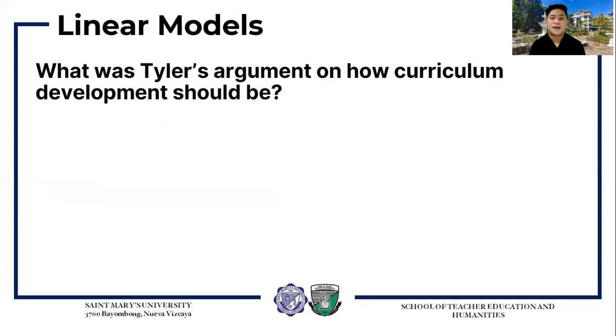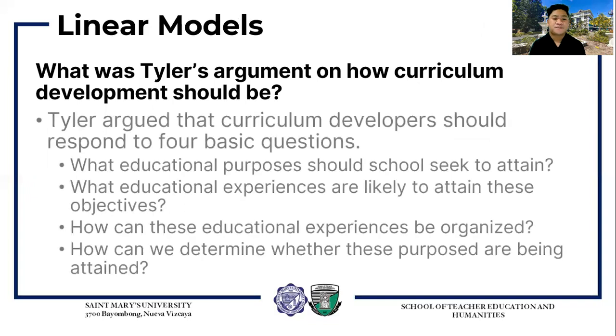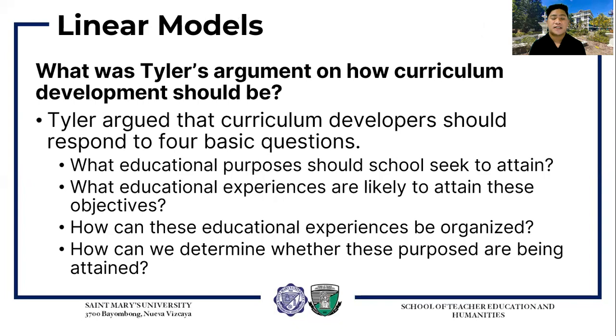What was Tyler's argument on how curriculum development should be? According to Tyler, curriculum developers should respond to 4 basic questions, and these align with the steps of Tyler's model.